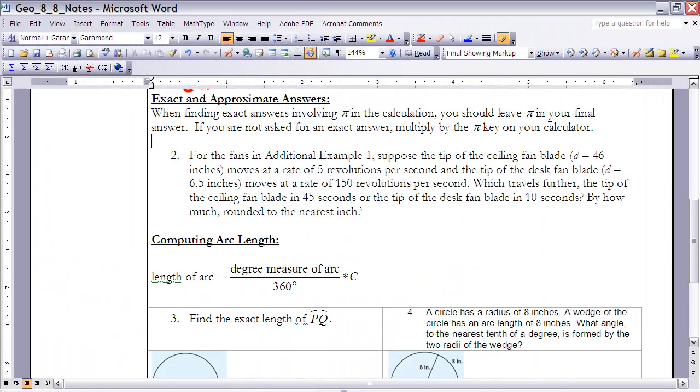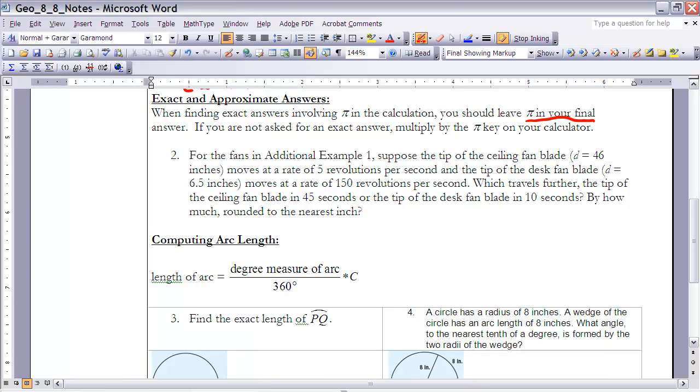Okay, so let's talk about exact versus approximate when we're using pi. I talked a little bit about this in example 1, but when we're finding an exact value in calculations that involve pi, you need to leave pi in your final answer. Simplify everything except for the multiplying by pi and just leave that in your final answer.